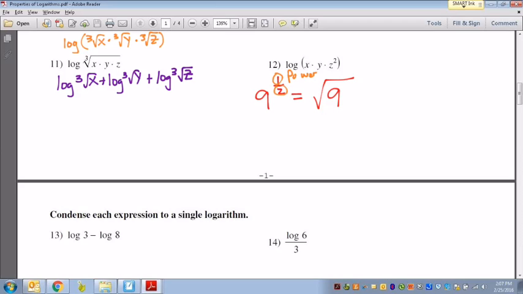And the number on bottom is the root, just like at the bottom of a tree, underground, are the roots. So if you were to rewrite this, this would be the 2 root of 9 all to the first power. Square roots come into existence because we don't write it, but there's an invisible 2 in front, and we don't have to write the 1 because anything to the first power is itself. So that's how that becomes the square root of 9.